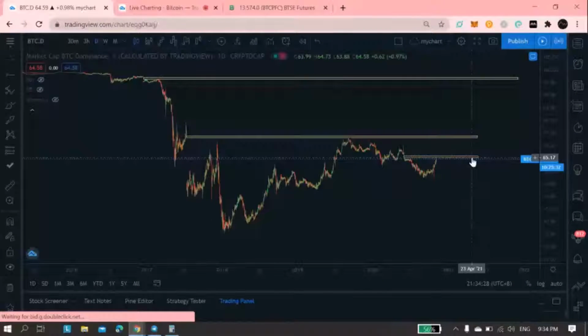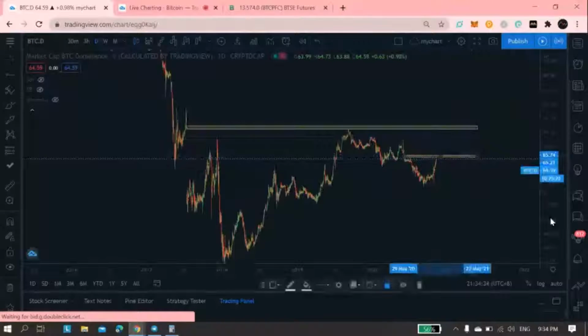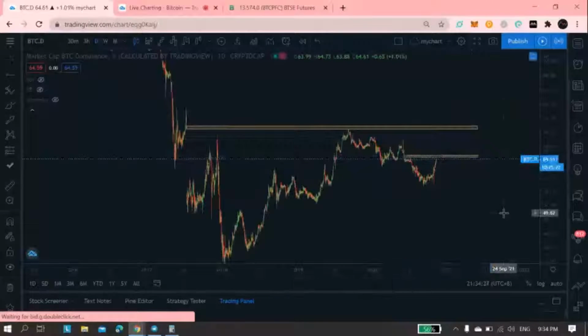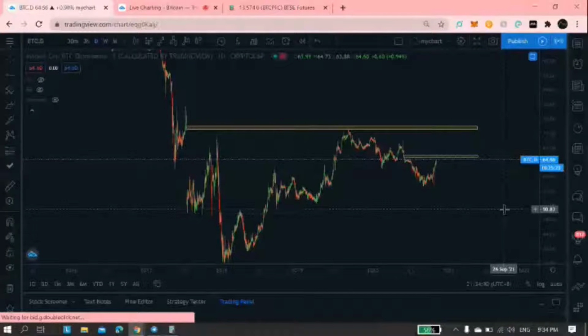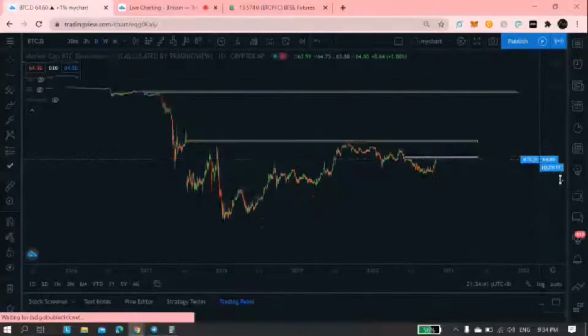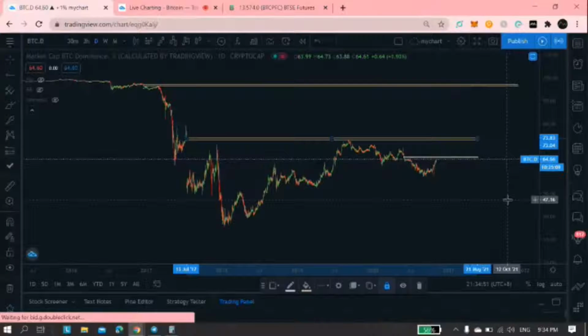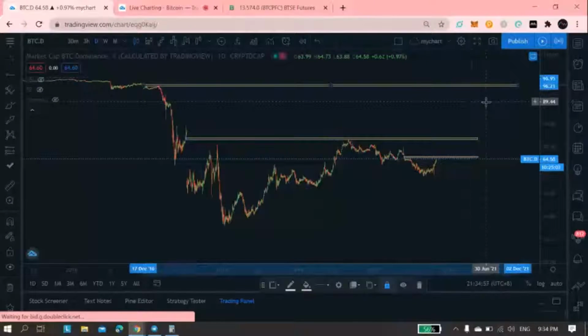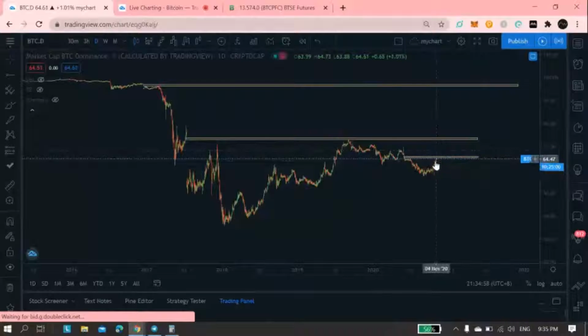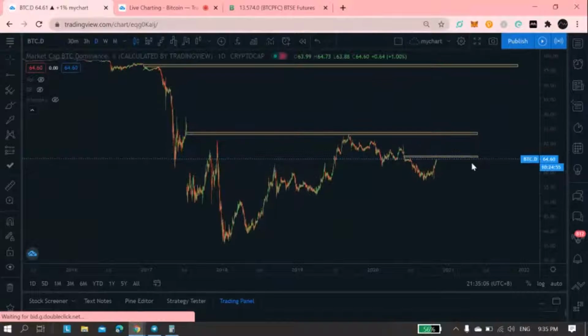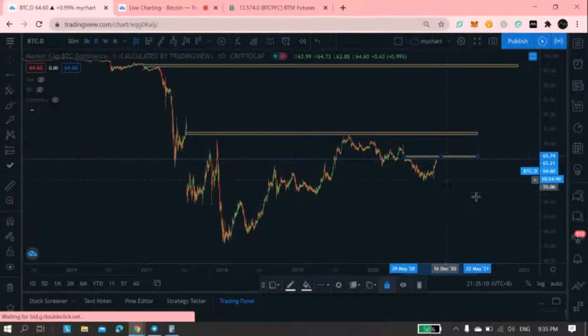Currently, this is around the 65 area, and now BTC dominance is already at 64.56. The next resistance or the next gap that might possibly be filled is around the 74 area, and then around the 97 area. So within the next few days we could possibly fill this 66 area.